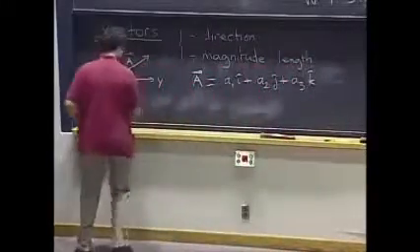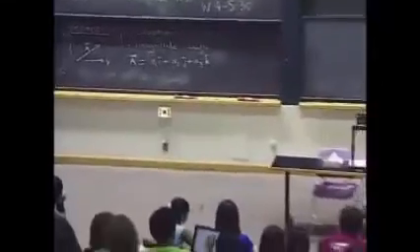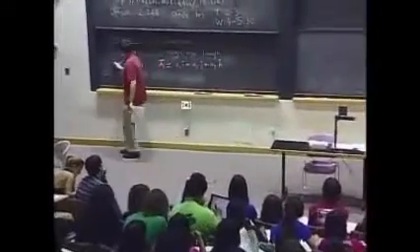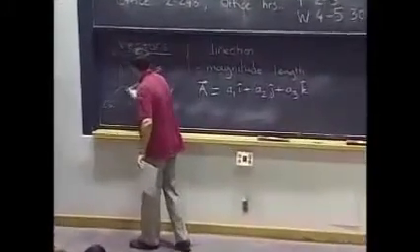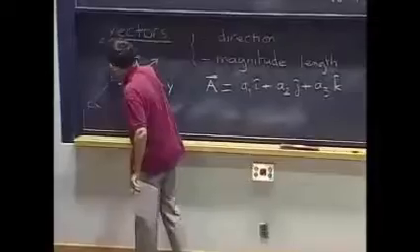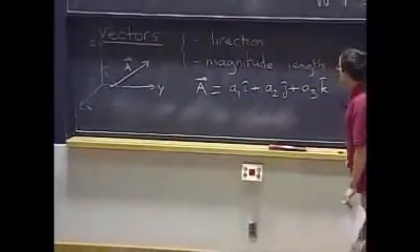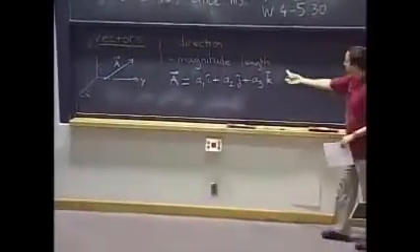The convention is there's a vector that we call i hat that points along the x-axis and has length 1. There's a vector called j hat that does the same along the y-axis, and a k hat that does the same along the z-axis. And so we can express any vector in terms of its components.